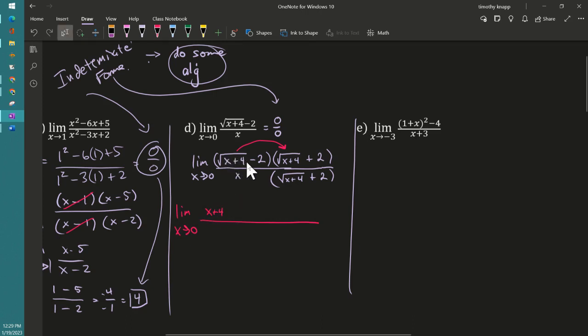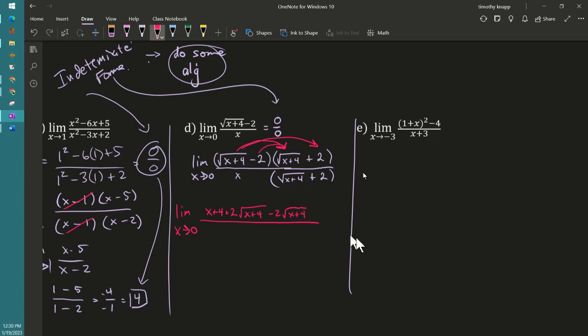Now I've got the square root of x plus 4 times 2, which is 2 root of x plus 4. Then I've got a negative 2. I'm going to multiply this into here times the root of x plus 4. So minus 2 root of x plus 4.